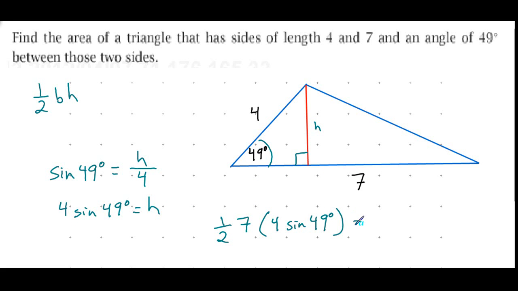That will give me the area of the triangle. Through manipulation and solving, that leaves me with 14 sine of 49 degrees, which comes out to roughly 10.566. So using the sine, I can find the area of this entire region.